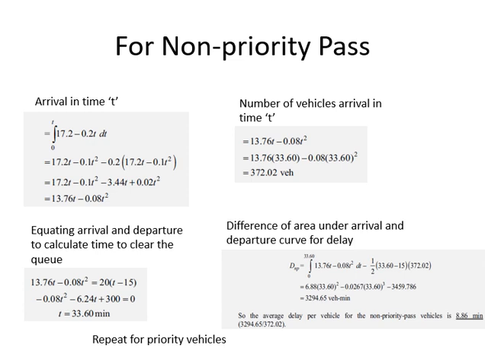Then for that time, we calculate how many vehicles arrived. Then you take the integral of both equations, the arrival equation and the departure equation, to get the area under the curve, but not the total area up to that time. Then you take the difference divided by the number of vehicles, which will give you the average delay.